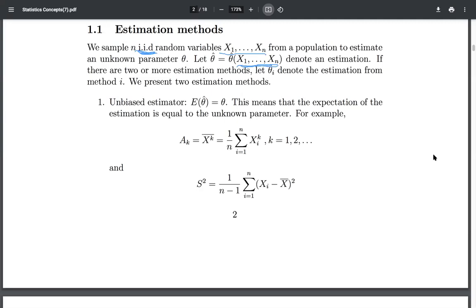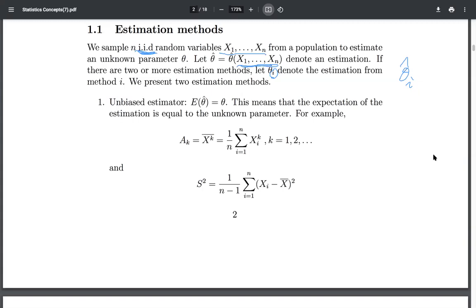So theta is unknown, and we use theta hat to indicate the estimate of theta. If you have more than one method, then of course we can use a subscript to indicate which method you are using. So we get theta i hat, which means this is the estimate from method i.